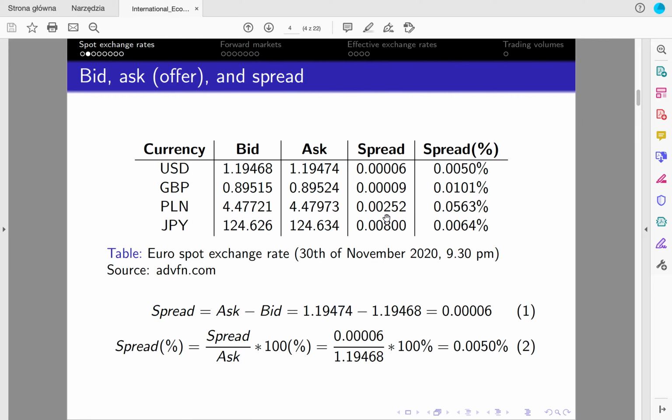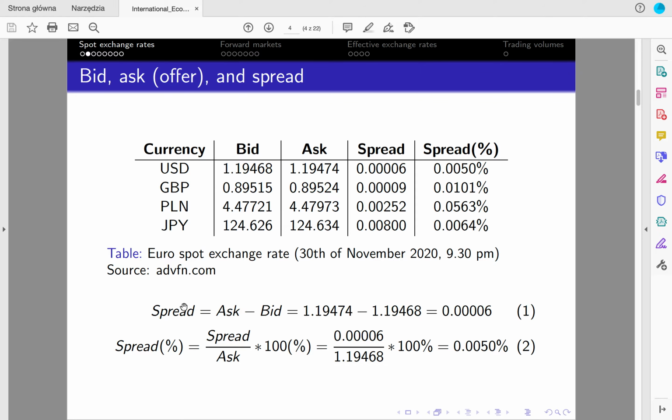And we can clearly see that in case of euro exchange to United States dollars, where the spread is far smaller than the spread between Polish zloty and euro, simply because those currencies are traded less than United States dollars and euro.